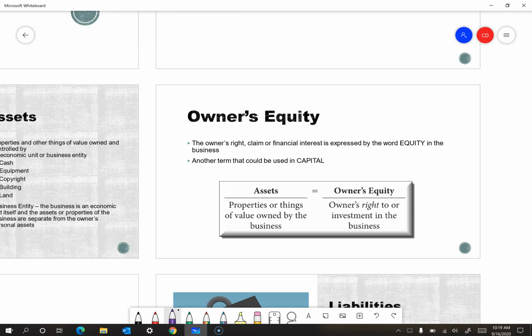So basically, you have the assets, which are properties or things of value owned by the business. And then you have the owner's right to those assets. And you can see that they sit on what we call opposite sides of the accounting equation. We're going to start building the equation here. Okay? So your assets are always equal to your owner's equity. Okay?